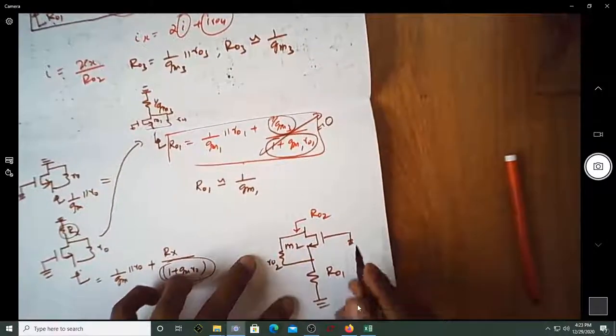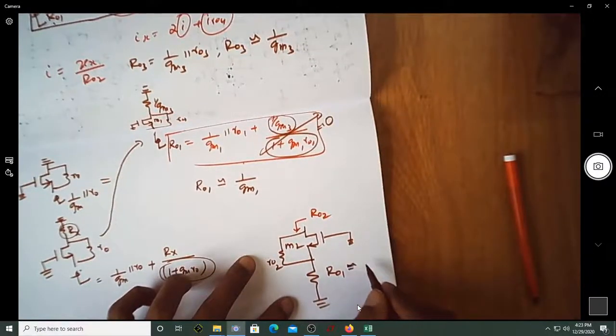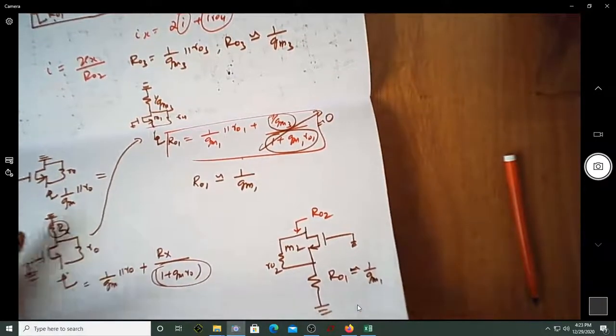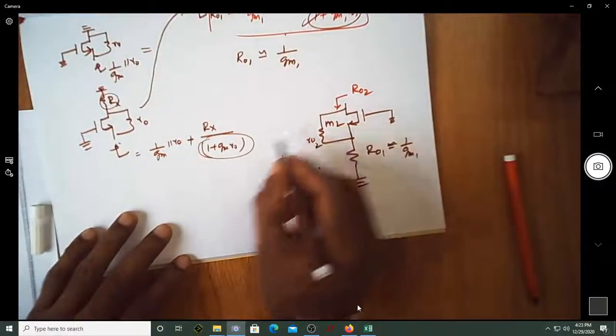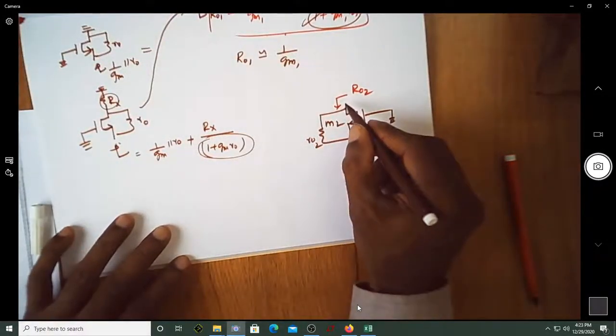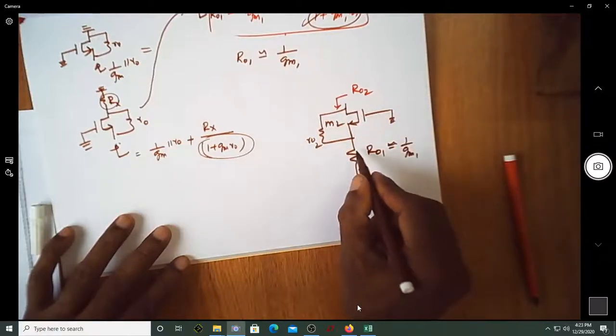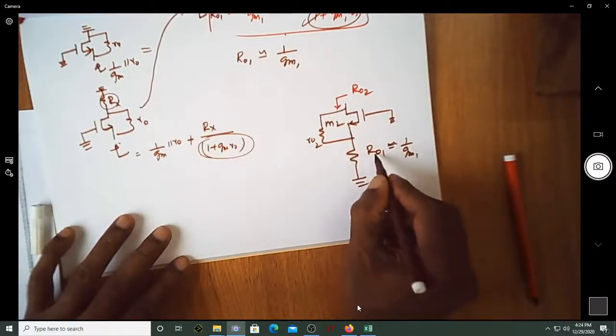R01, what is the value of R01? It is approximately equal to 1 over Gm1. So if you can carefully notice this, now we have a situation where you are looking towards the drain with source connected with R01.